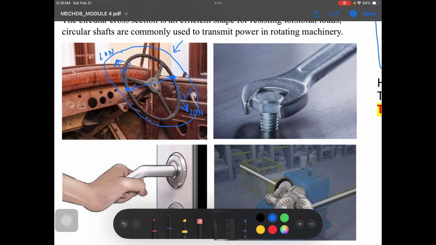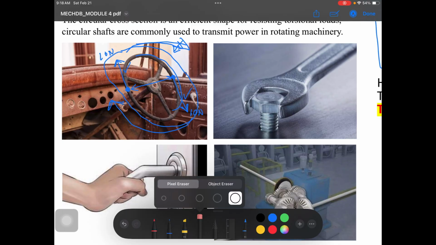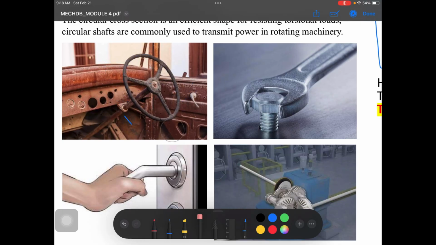This couple is a moment, so it rotates like this. This is the direction of our example couple: clockwise. So, what happens when there is a moment on the steering wheel? The steering wheel passes this moment to the cylindrical pipe.